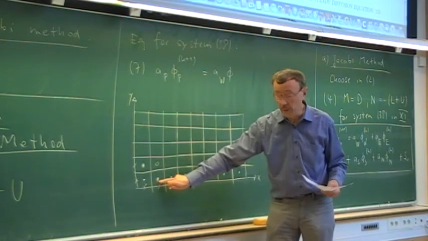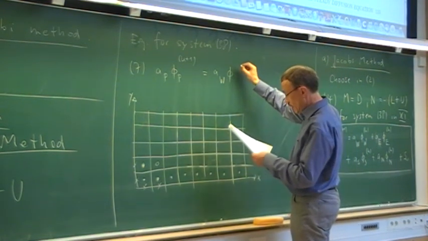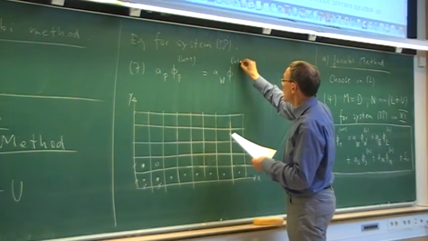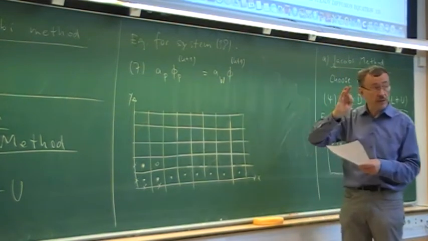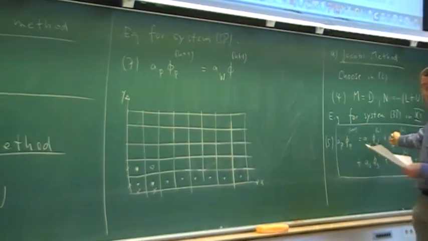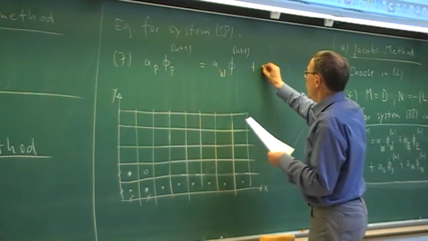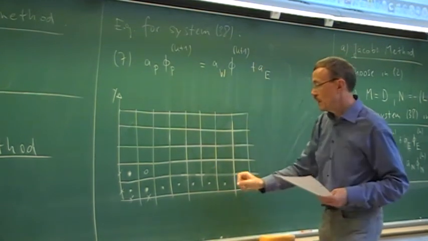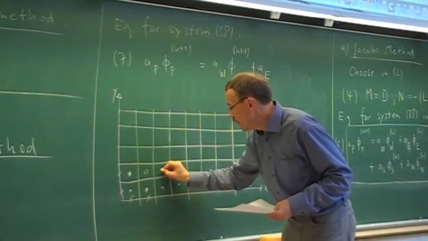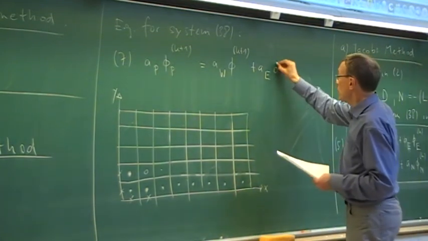They are already available. So the western contribution will already be at the new iteration level. It is already available and we use it. That is the difference. Here it was available but we didn't use it. For the AE, that is the neighbor here, it is not yet available. So there we have to use the old iteration, k.